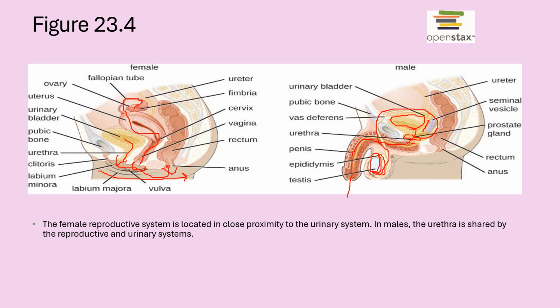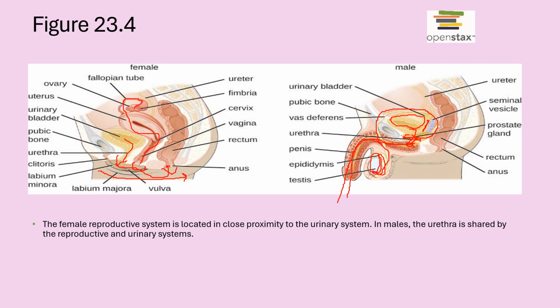And then there's what's known as the bulbourethral or Cowper's glands. So 1, 2, and 3 are accessory glands. The sperm is going to go through here, you're adding fluid to it, and then it's going to come out through the penis.